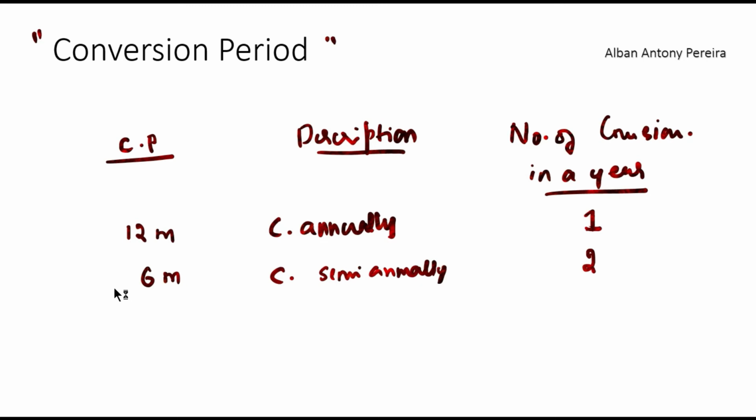Next situation is compounded quarterly. Compounded quarterly, how many quarters in a year? 3 monthly. How many 3 months quarters? You get 4 times, right? So in our country it will be 4 times, something like this: April, May, June, that is the first quarter; July, August, September, that is the second quarter; October, November, December, that is the third quarter; and January, February, March, this is the fourth quarter.